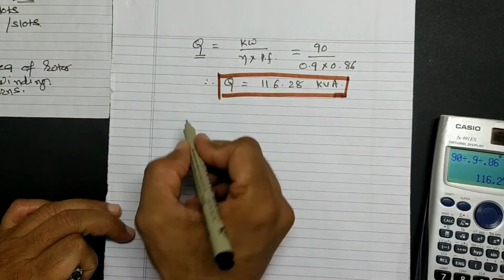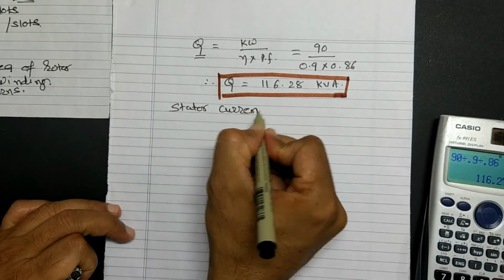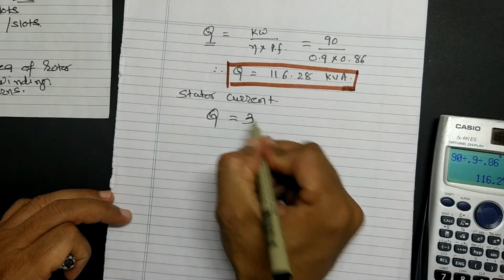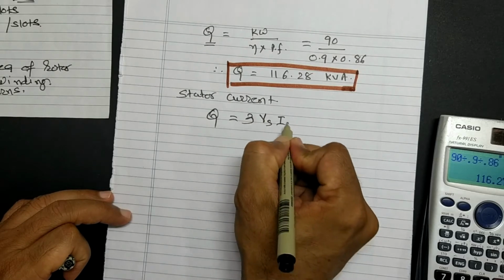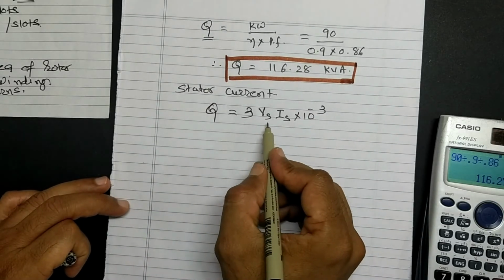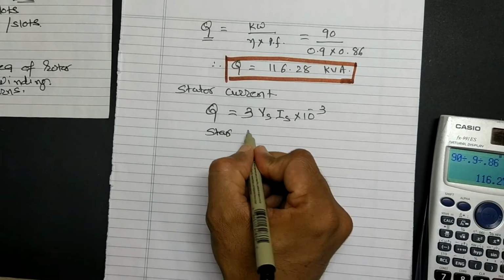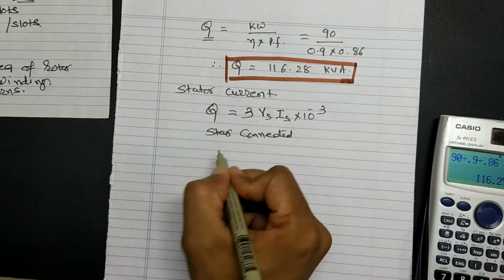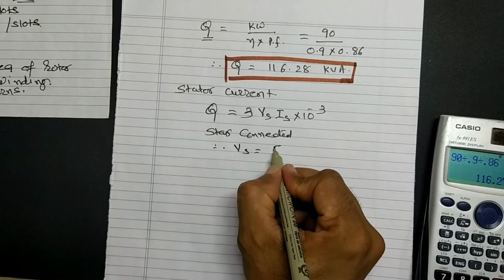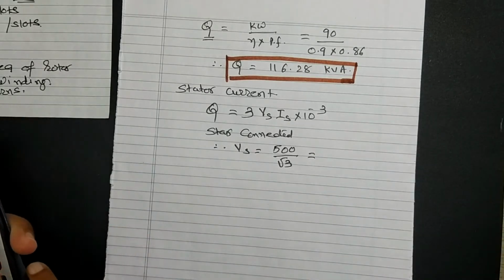So this is Q. Now stator current. In case of stator current, we have the equation Q equals 3 multiplied by Vs Is multiplied by 10 raised to minus 3. Now it is star connected, so here we have to take care: Vs, that is stator voltage, 500 is line voltage, divided by √3. We always need to take care of this.